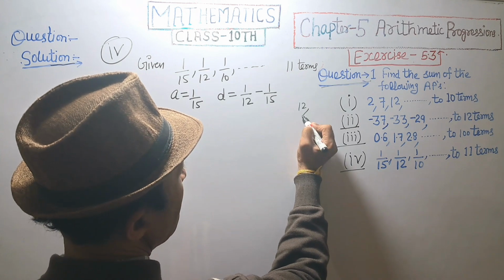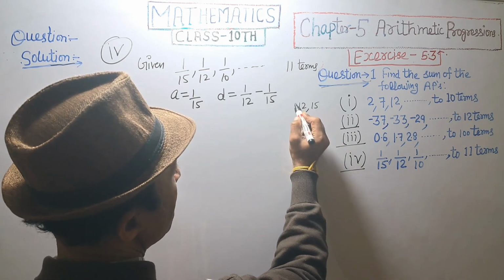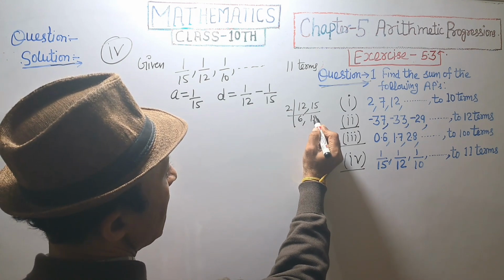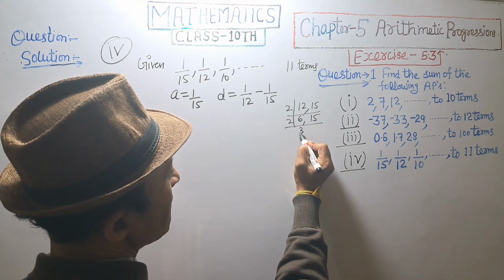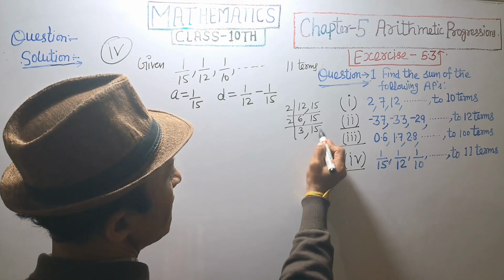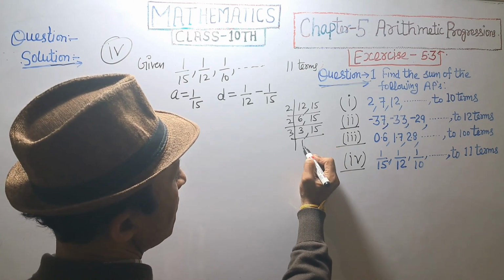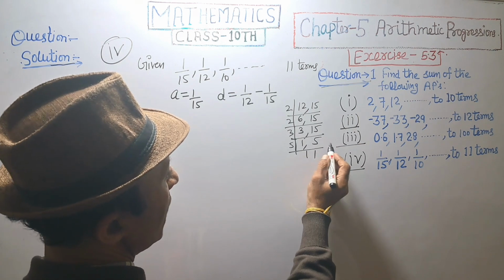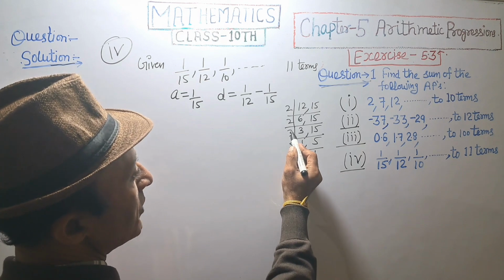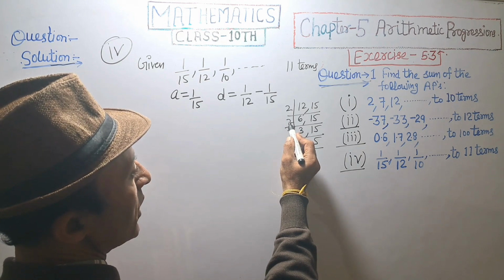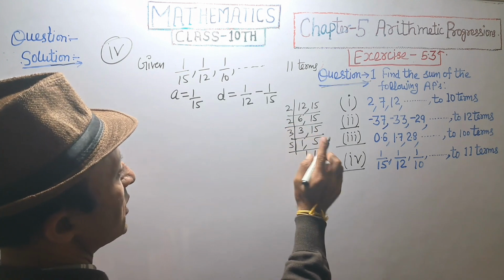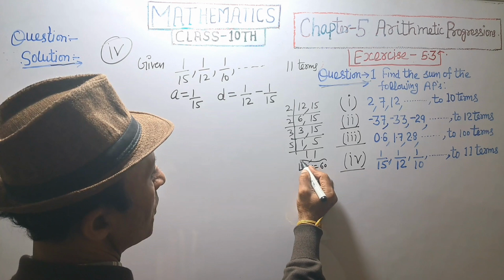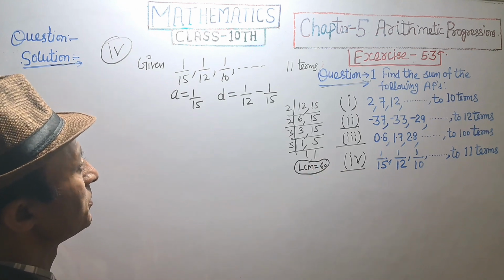First of all, the LCM of 12 and 15. Dividing by 2, 6 and 15, then by 3, 2 and 5, then by 5, 2 and 1, then by 2 gives 1, so 2 times 3 times 5 times 2 is 60. LCM is equal to 60.